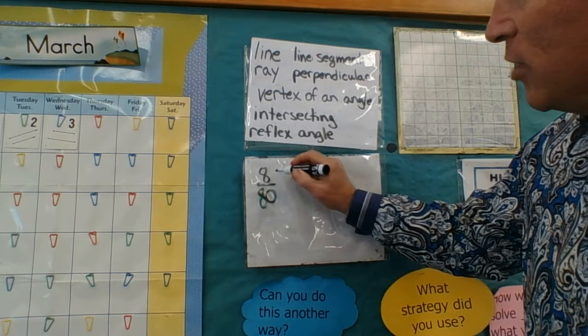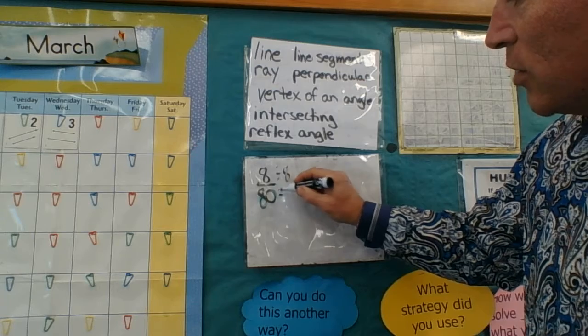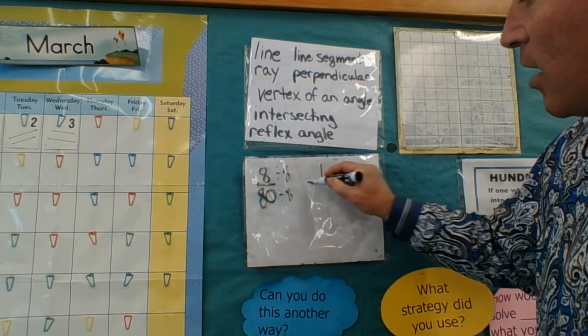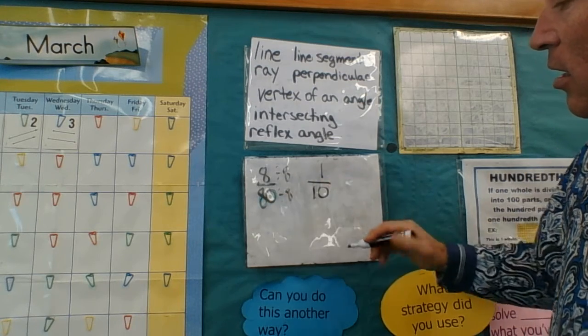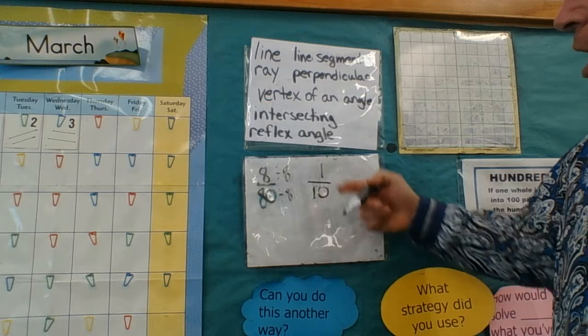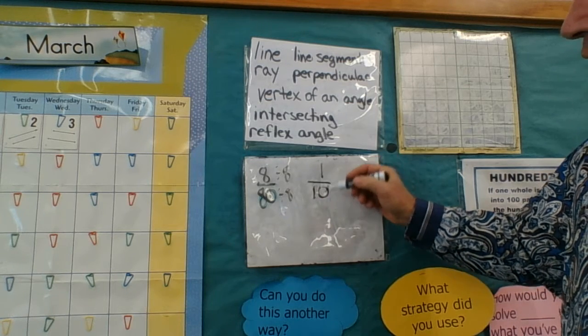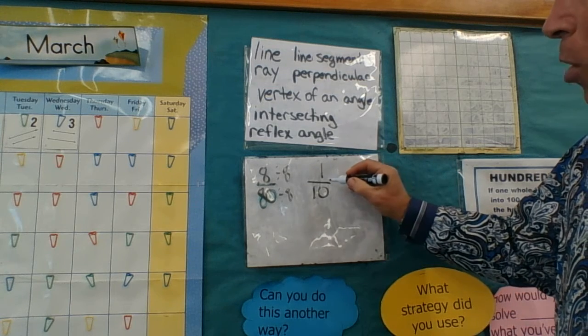So it makes it easier because look, I know that I have a common factor of 8, don't I? Because I know 8 divided by 8 is 1, and 80 divided by 8 is 10. And now, I know that a percent means out of 100. So instead of dividing both the numerator and the denominator by a number, I can multiply.